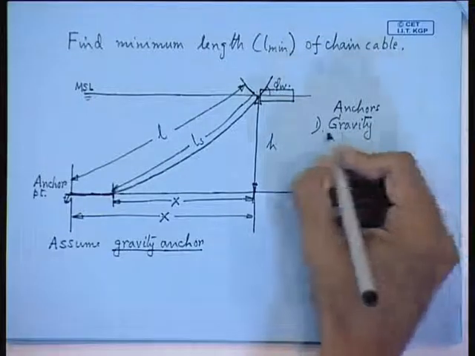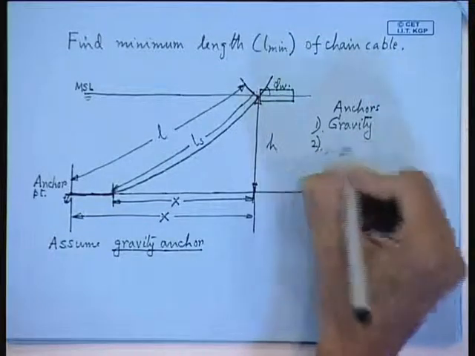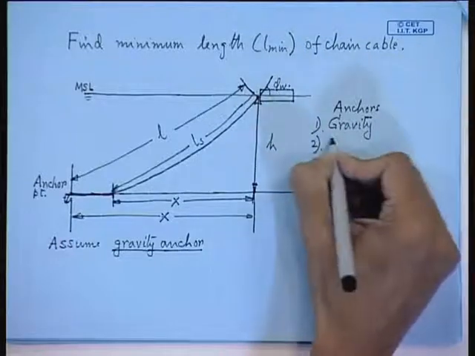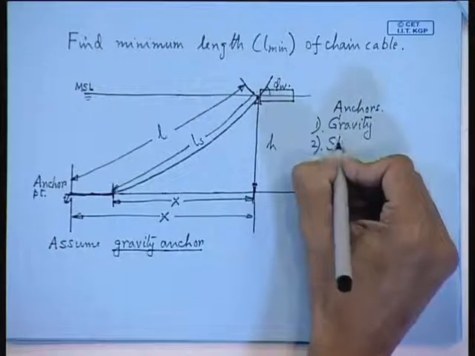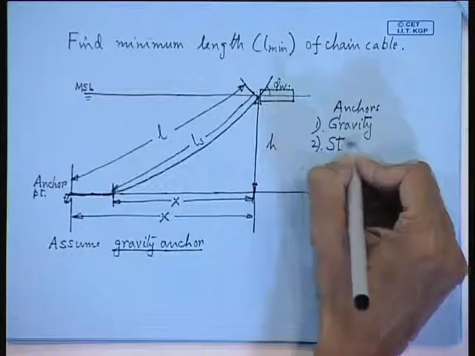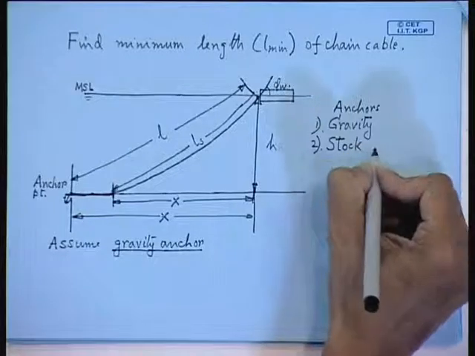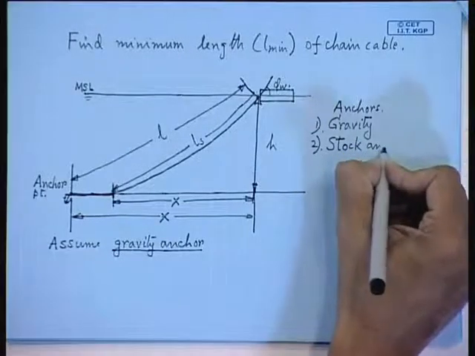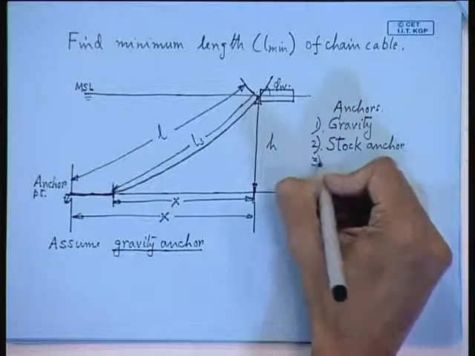Number two, you have the stock anchor. So sometime in this class you just remind me, I will get the diagrams of this type of anchors and show you. Then you have stream anchors.